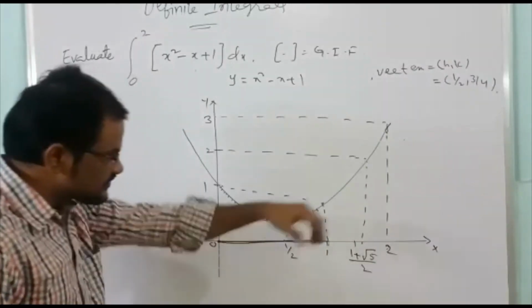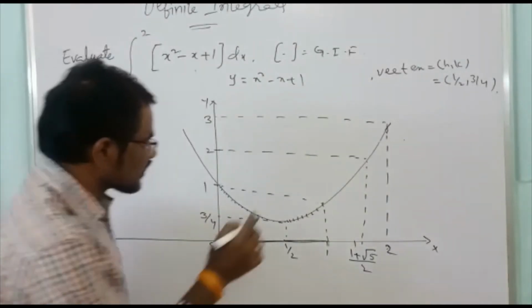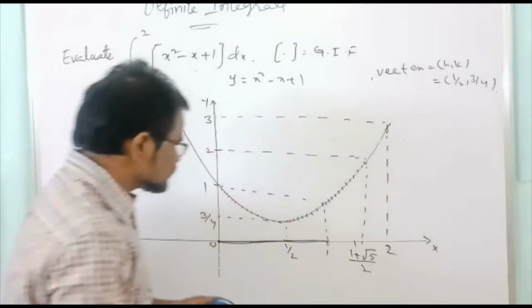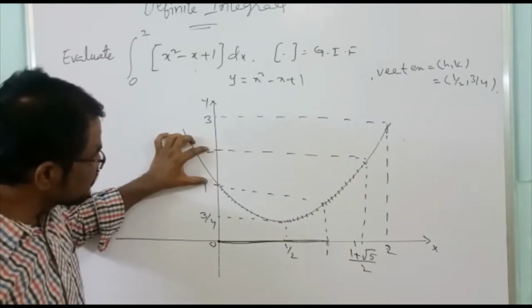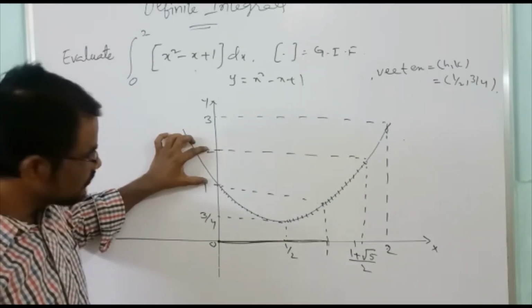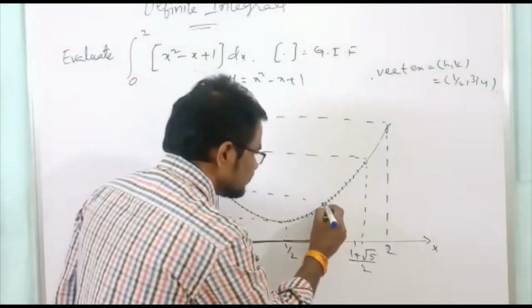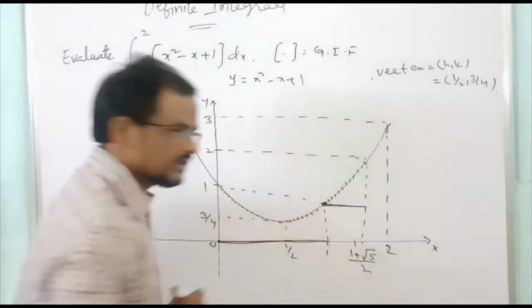And the x value varies from 1 to 1 plus root 5 over 2. The graph is this one, so the y value varies from 1 to 2. The greatest integer of a value between 1 and 2 is 1 only. Means here to here, right?